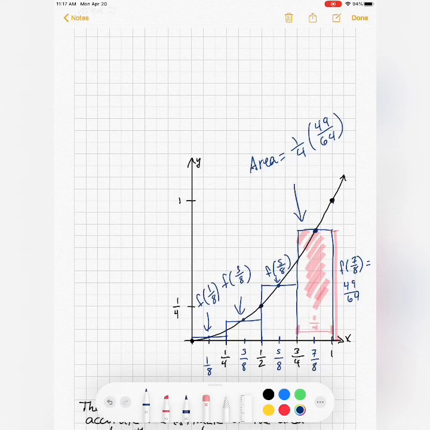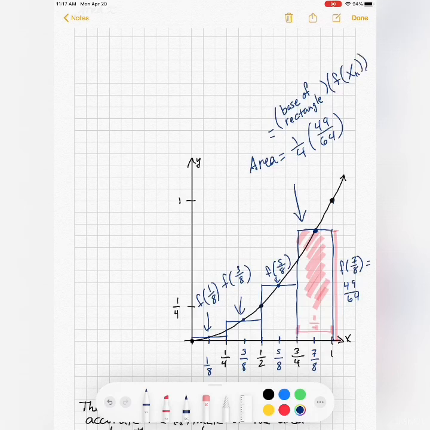Okay, in general even, what is the 1/4? That's, you could say, the base of the rectangle. Okay, and then times f of x sub n, say.